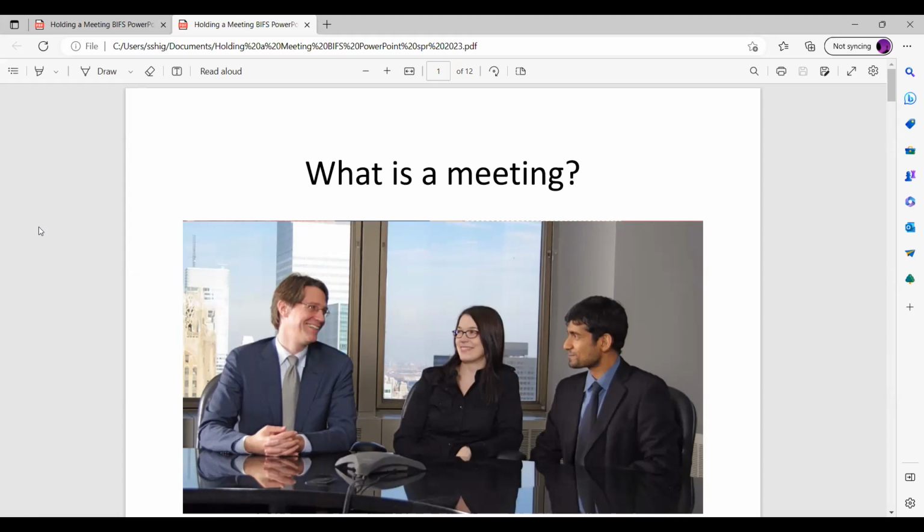And the agenda controls what happens in the meeting, what is discussed, the order of business in the meeting. The first thing you might be asked to do when you attend the meeting is to approve, amend, and then if there are no amendments, there is a motion passed for the agenda to be accepted.